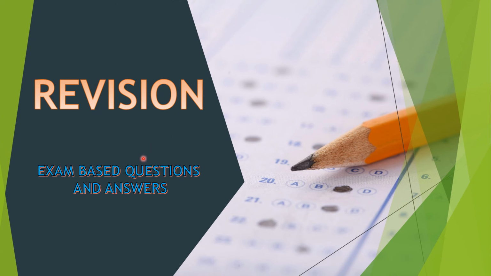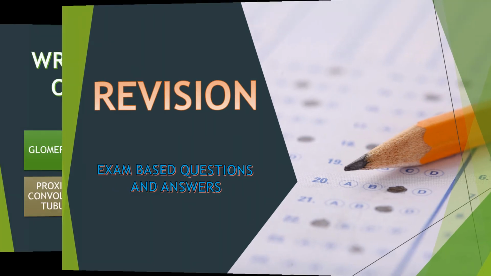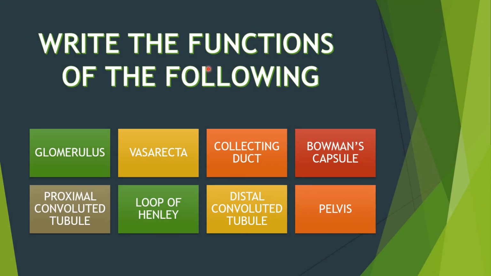Revision: exam-based questions and answers we can discuss. Write the functions of the following. First one, glomerulus. What is the function of the glomerulus? Ultrafiltration, or filtering the blood. Next, vasa recta.